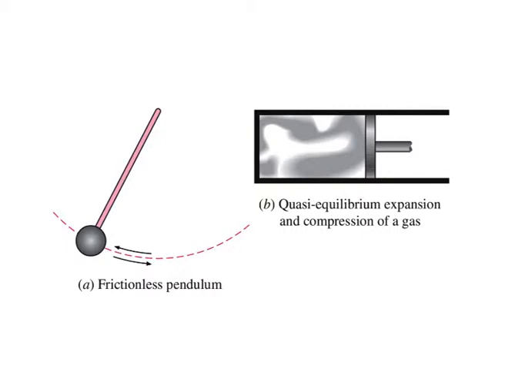That is, both the system and the surroundings are returned to their initial states at the end of the reverse process. This is possible only if the net heat and net work exchange between the system and the surroundings is 0 for a combined process. Processes that are not reversible are called irreversible processes.